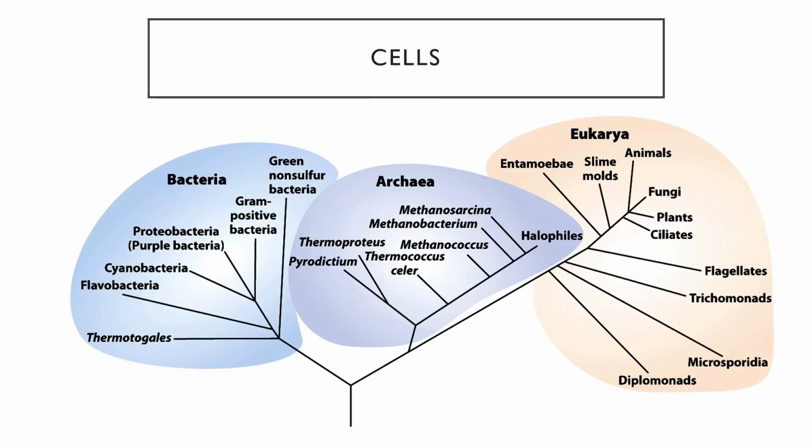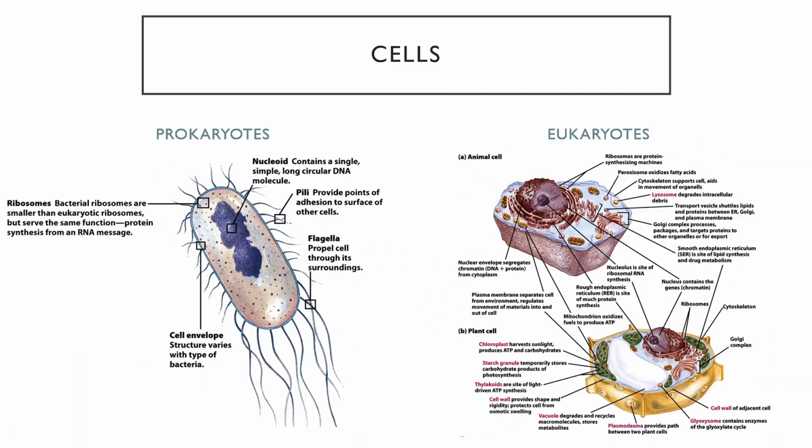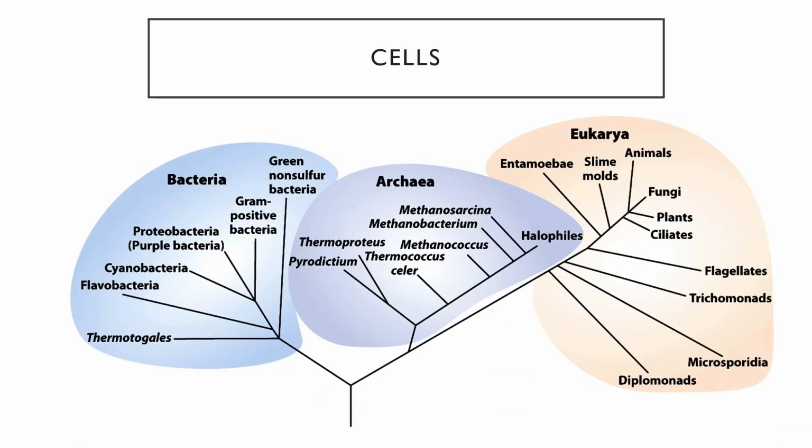There are two main types of cellular organisms, the prokaryotes and the eukaryotes. So here you can kind of see the difference between the two. Prokaryotes are divided into the bacteria and the archaea. They look similar to each other in that they're single-celled prokaryotes, but there are important differences between the two in terms of the structure of their cell wall and other important properties.